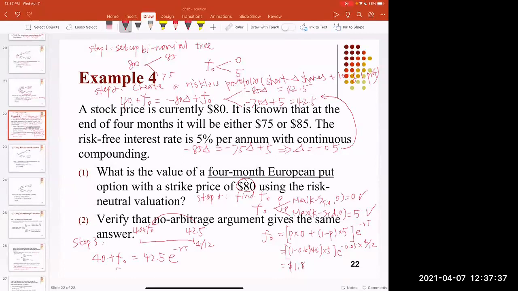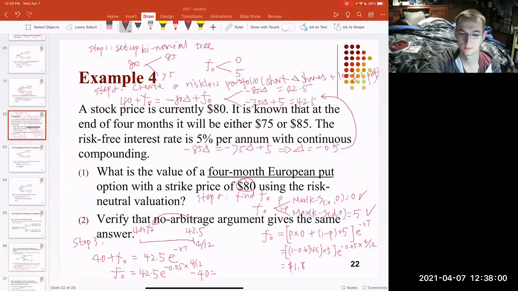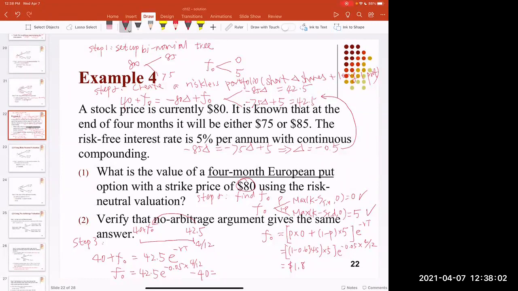So the option price today equals 42.5 times e to the negative RT, where R is 5% and T is 4 months, minus 40. Can you find the option price in step 3? $1.80. Yes, so you get the same answer, 1.8.